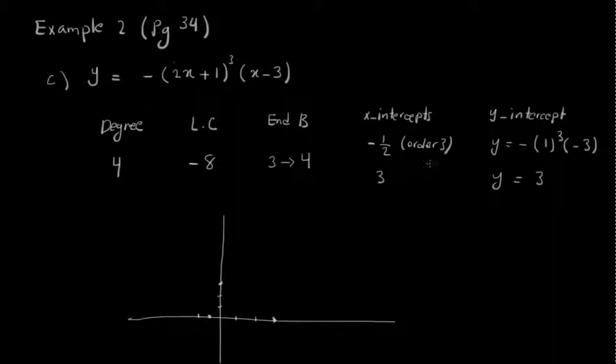Since there's an order of 3 next to this x-intercept, I'm gonna start in quadrant 3. When I get closer to my x-intercept, I'm gonna get a little flat towards the x-axis and then continue. So something like this. You would go up and then we would come back to our next x-intercept, but since there is an order of 1, you would just pass that point and we finish in quadrant 4, just how we were supposed to.